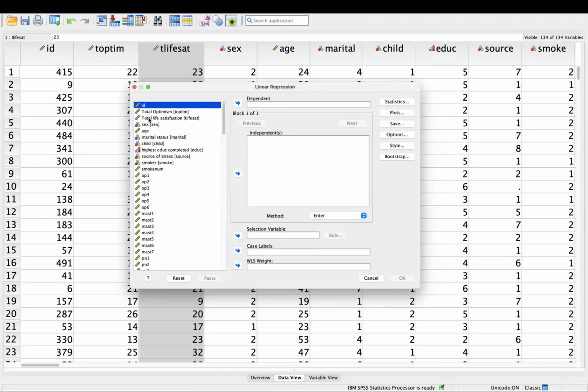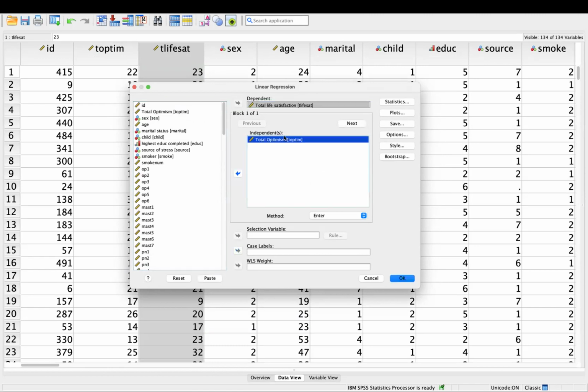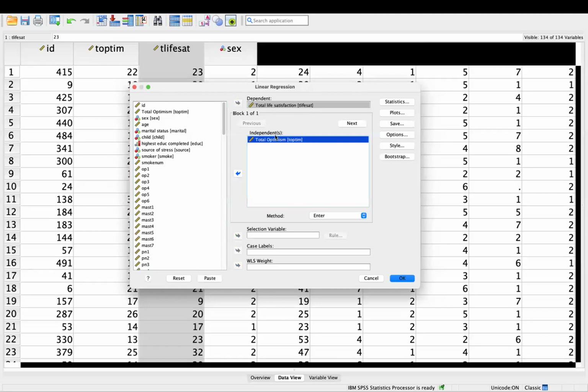We said that the dependent variable was satisfaction, and we're putting that in here, and we wanted to predict that from optimism. Remember, when we write the research question in temporal order, what is the relationship between optimism and, after the word and comes the dependent variable. That's why I want you to see that relationship there. So when you start putting this in, you're seeing how this aligns with, say, your proposal or the research question that you wrote.